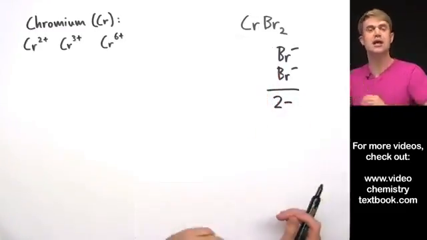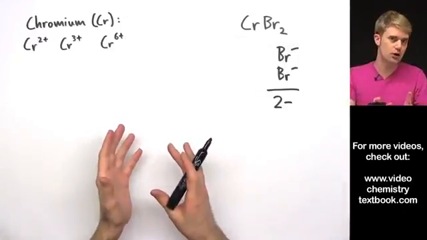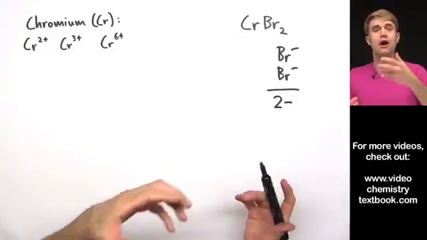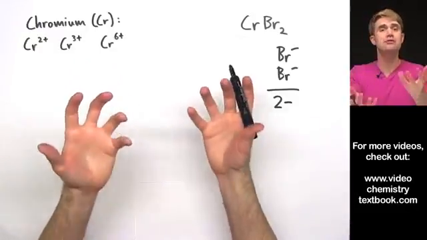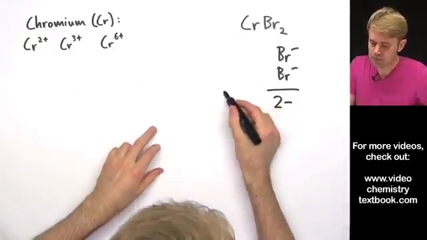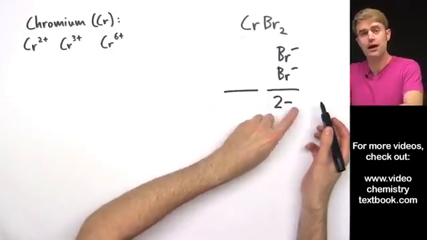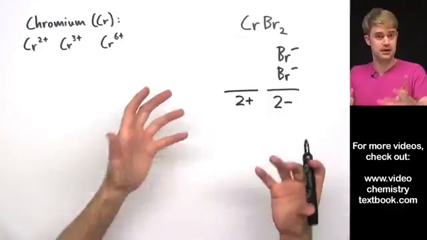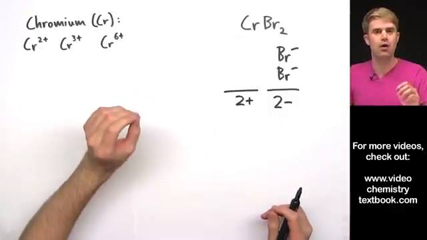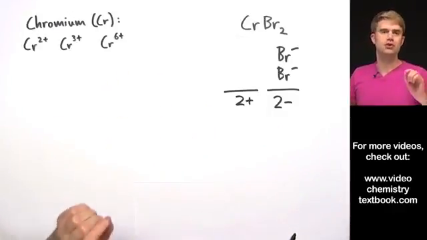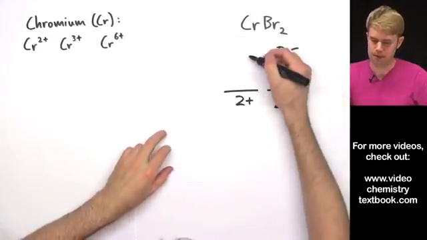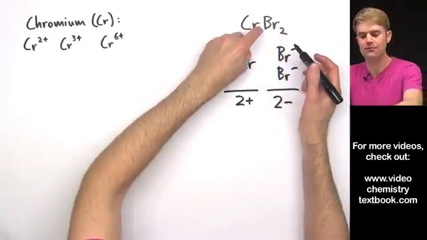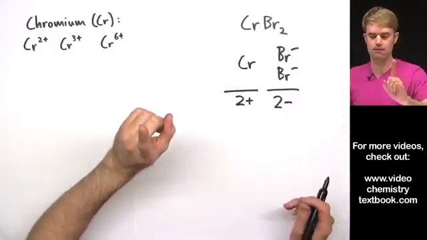Okay, that's negative charge. What about positive charge? In an ionic compound, you always have to have the positive and the negative charge balanced out. So if we have 2- here, we have to have 2+ over here because they balance. Now we can figure out the charge on chromium. We have 1 chromium in here. There's no number after this, which means that we just have 1.